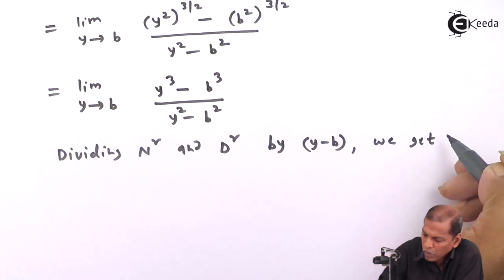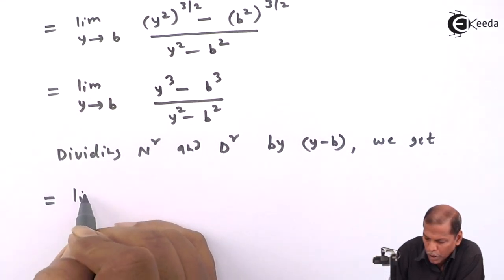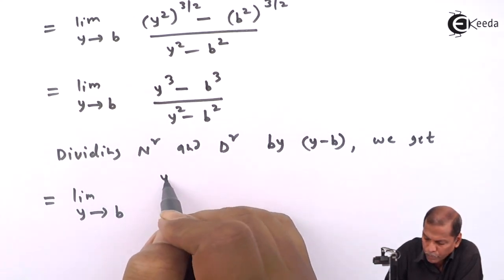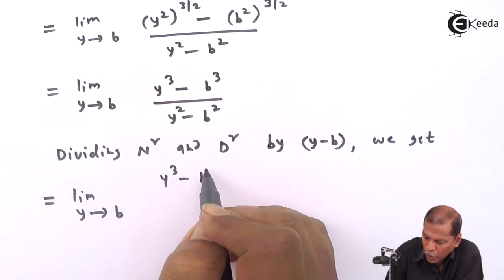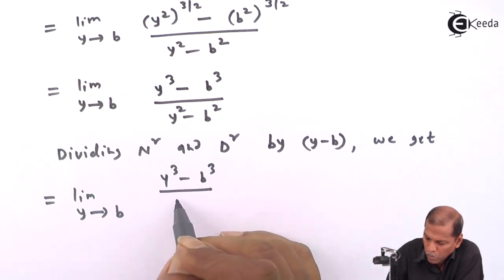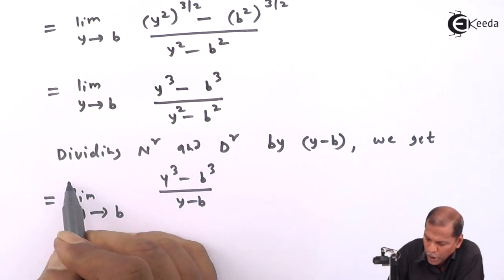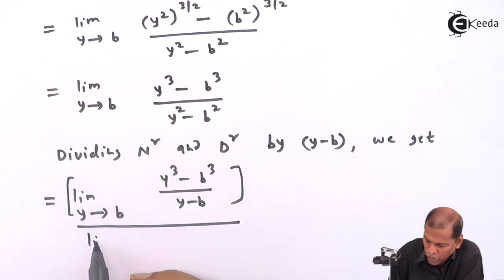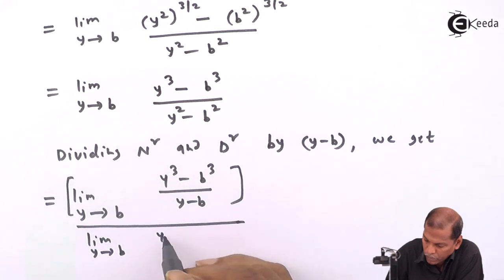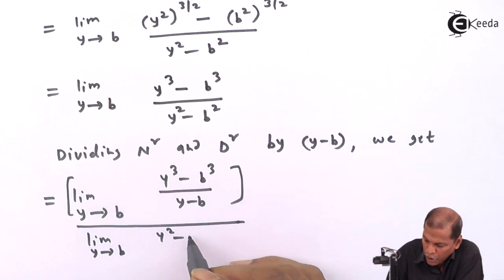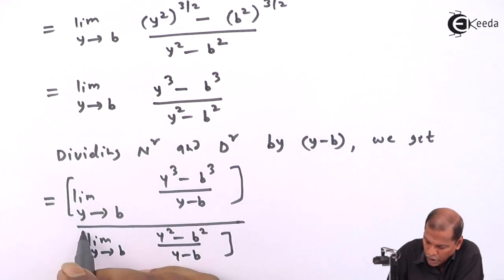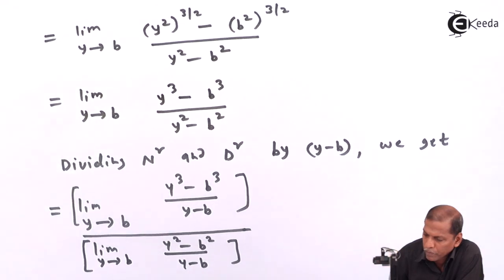We get is equal to limit y tends to b of y cube minus b cube upon y minus b in the numerator, upon limit y tends to b of y square minus b square upon y minus b in the denominator.